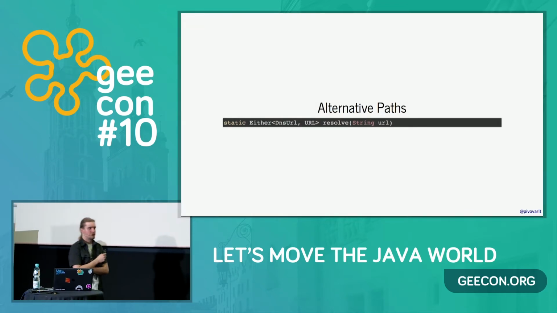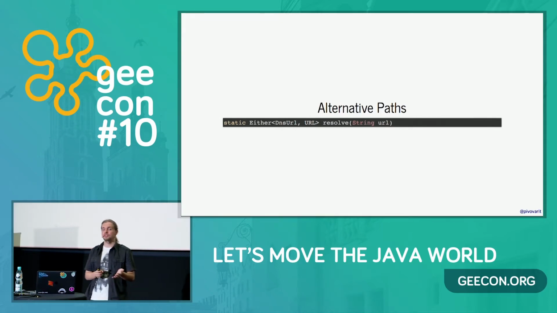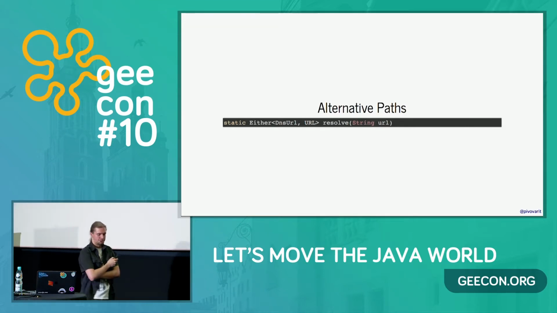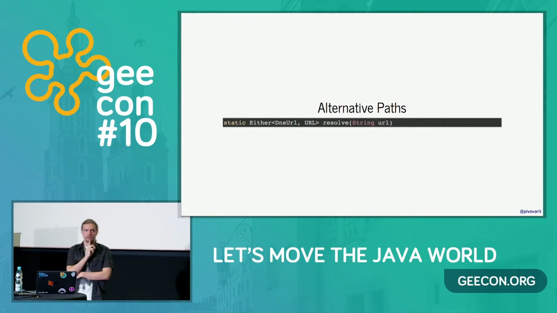What's quite interesting is that try obviously can also be used as a tool that can help you deal with alternative paths in your business logic. So imagine, for example, you're writing, let's say, a DNS resolver, some internal method over there. So what happens over there?